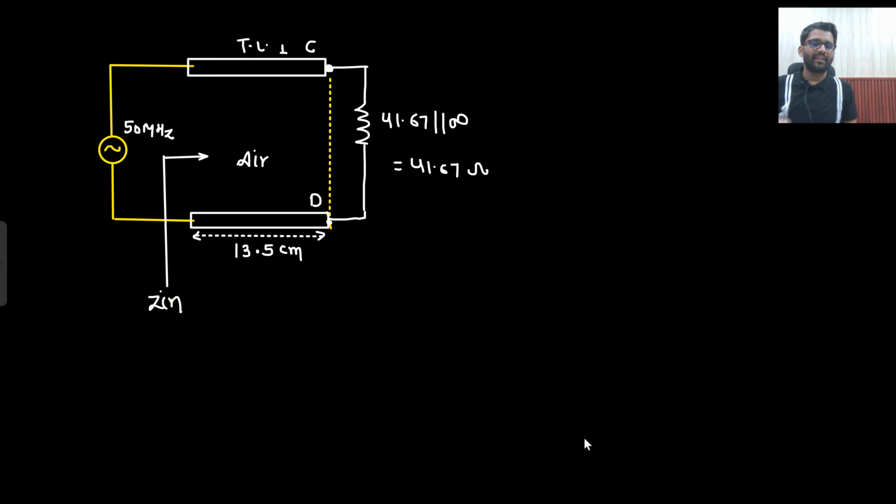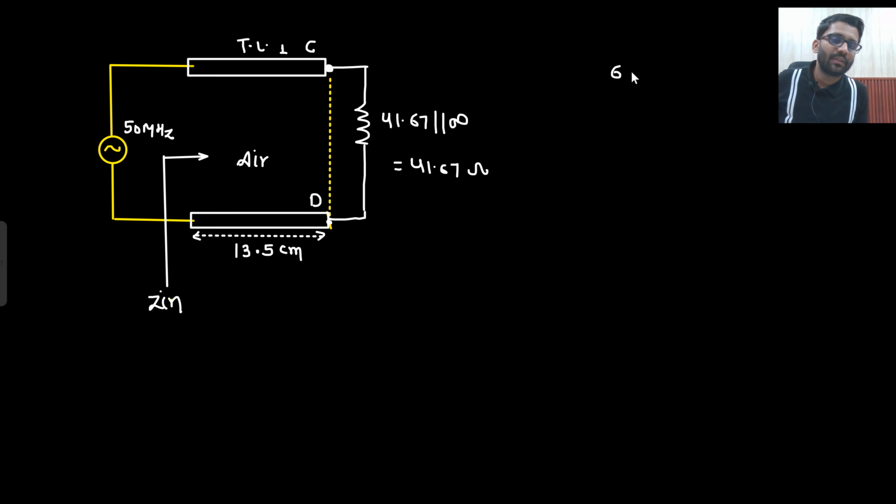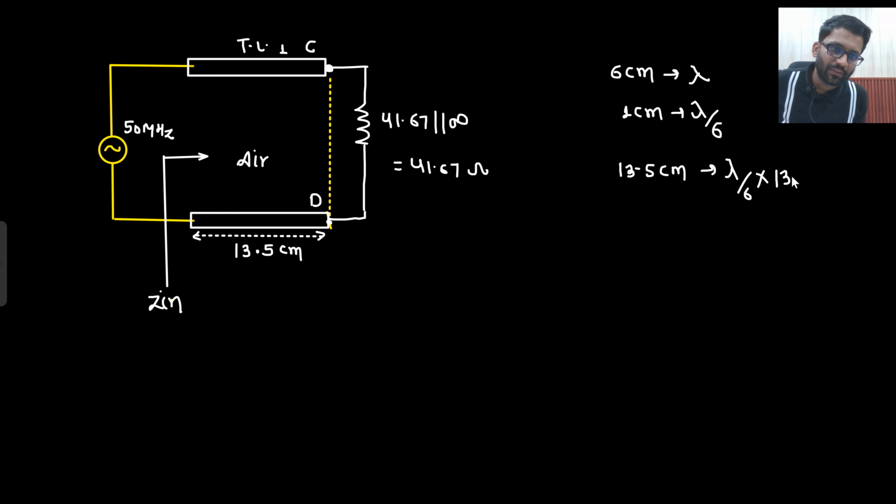Now this length is 13.5 centimeter. For this as well, lambda is the same. So 6 centimeter is equal to lambda, that means 1 centimeter is equal to lambda by 6. So 13.5 centimeter is equal to lambda by 6 into 13.5.